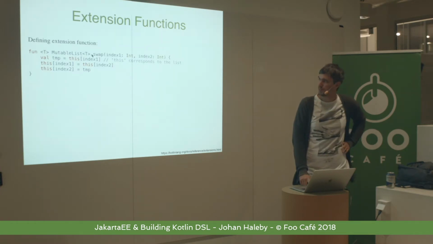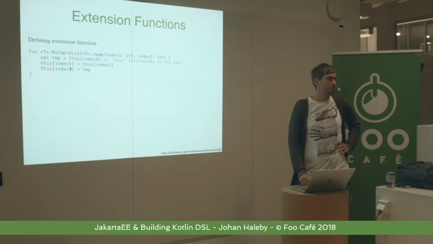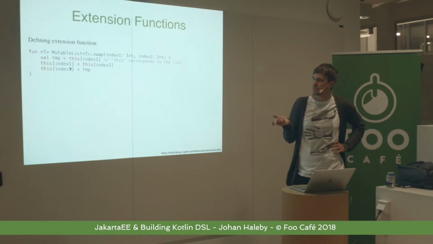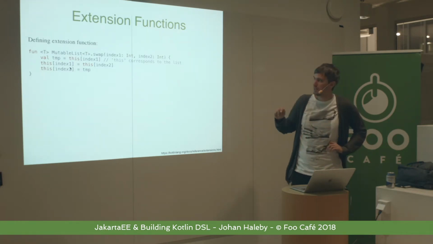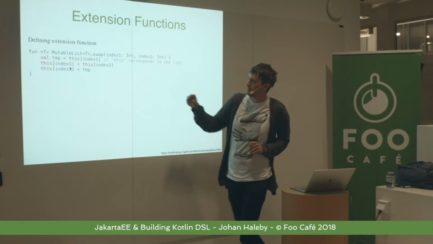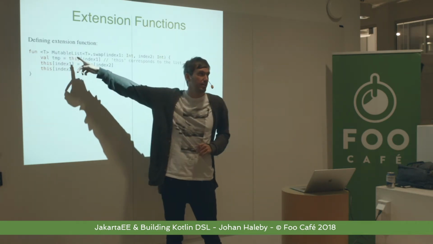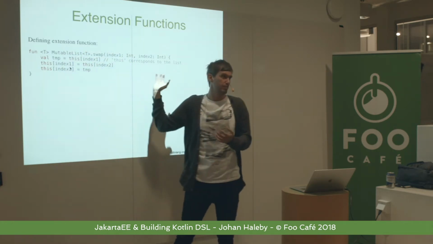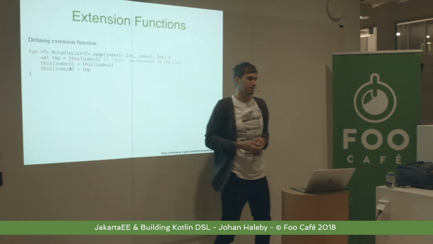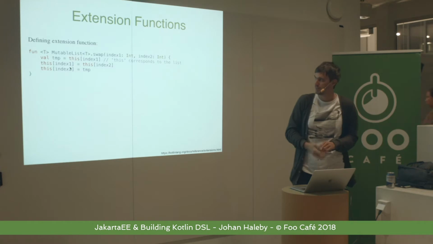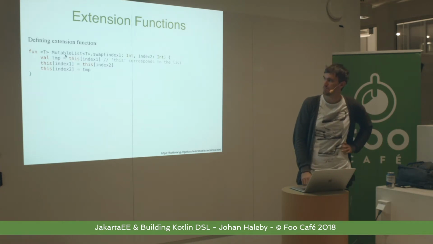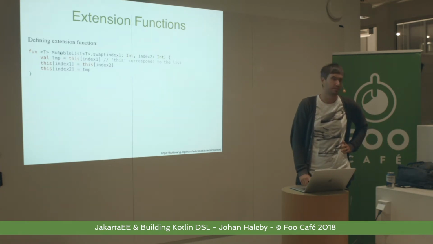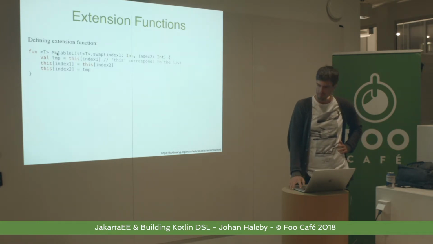And the only thing that is different between defining extension functions and normal functions is the class name here. You can imagine, if you just remove the class name, then you just have a normal function, like how you declare functions normally. So in this case, we extend the mutable list class, which is a Kotlin class, and we declare a function called swap.